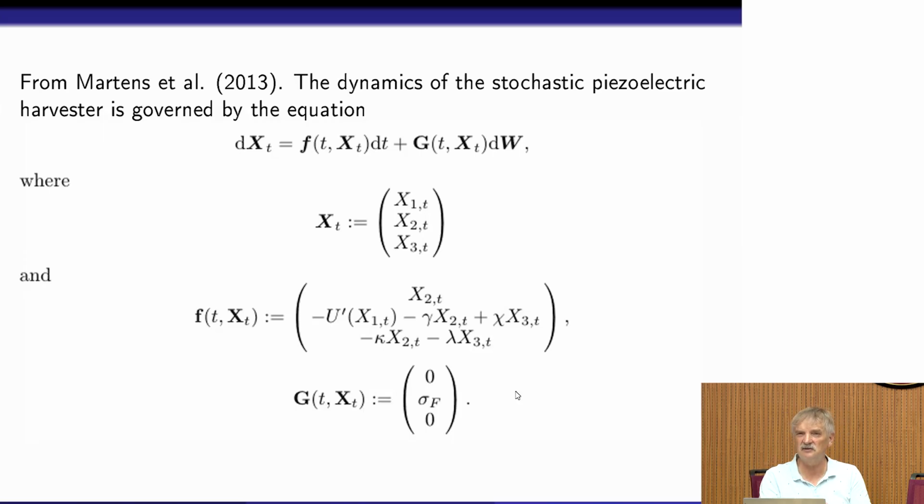So force is coming to the second element, where you have the derivative of velocity. The second element in x is velocity. The second element in small f is the force, the restoring force and mechanical force, and g is giving you sigma f, which is a variance of force.